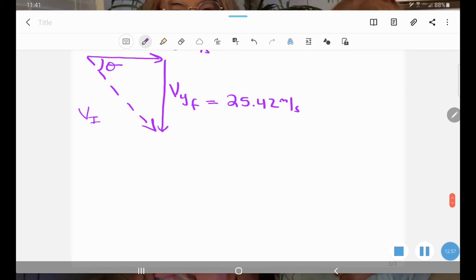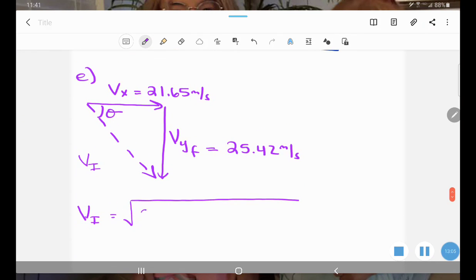Okay, so given this information, impact velocity is found by doing Pythagorean theorem. So that is going to be 21.65 squared plus 25.42 squared, and that gives us 33.4 meters per second.